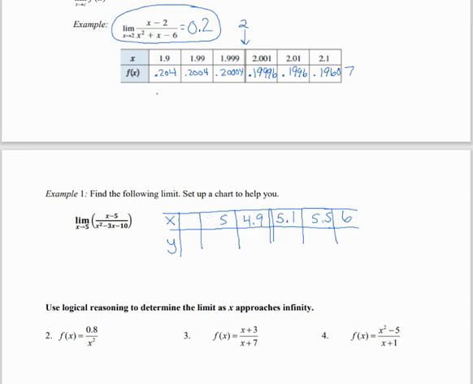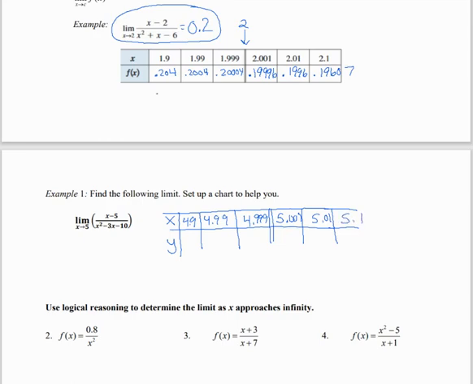We could simply do 4.9, 4.99, and 4.9999, like the chart above. And then we could do 5.001, 5.01, and 5.1.